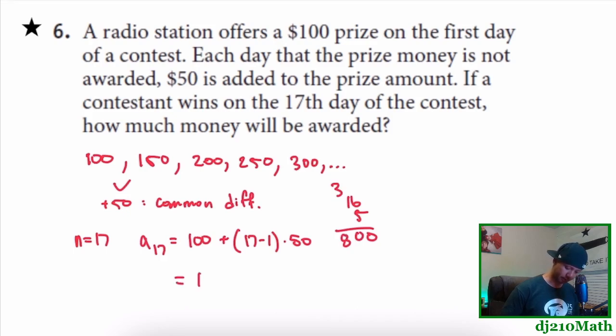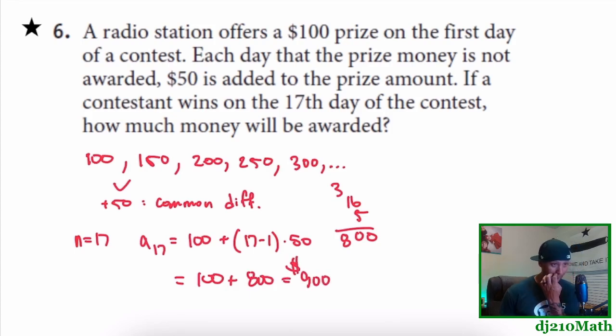So on day 17, it's going to be 100 plus 800, which is 900. So $900 is what the contestant would win on the 17th day.